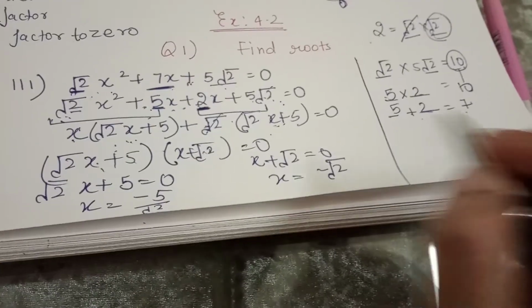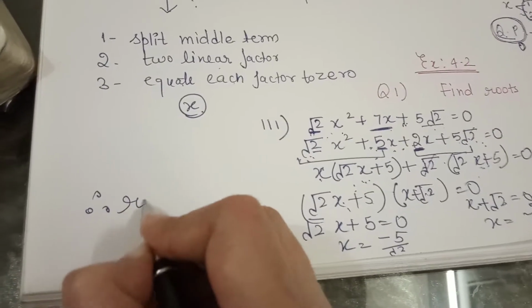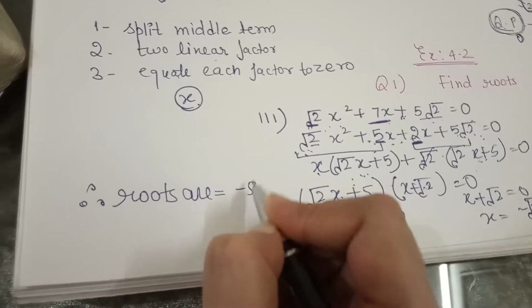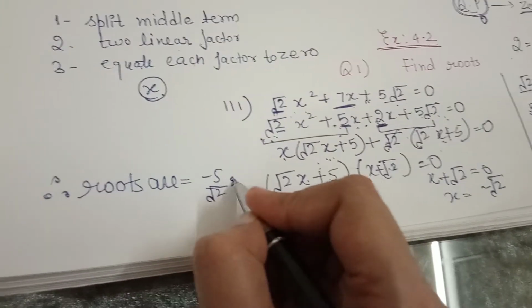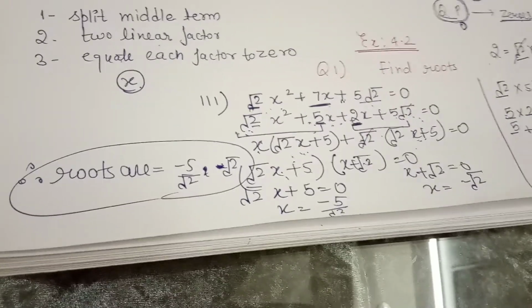So therefore what are the roots of this quadratic equation? Therefore roots are minus 5 upon root 2 and minus root 2. So this is your answer. Fine, clear hai?